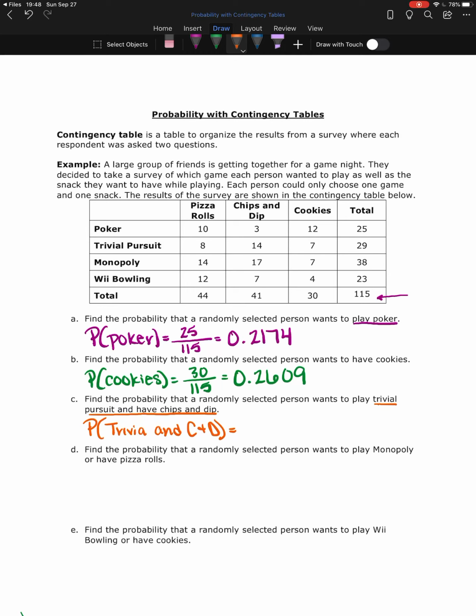So it's like the overlap between that row and column. So here are the responses for Trivial Pursuit. Here are the responses for chips and dip. Wherever they overlap, that's the "and." That's how many people wanted both. So 14 people out of the 115 total voted for chips and dip and Trivial Pursuit, and that's 0.1217.